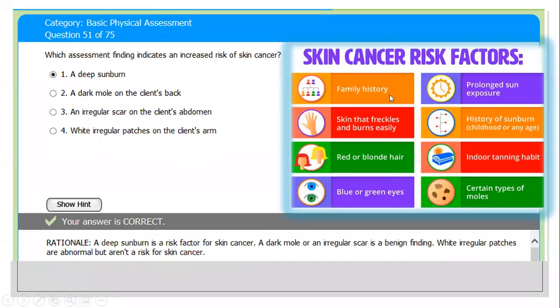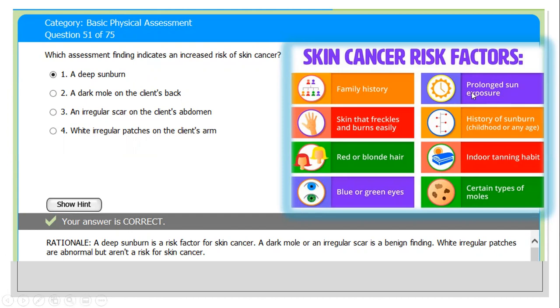In this table, we can see the skin cancer risk factors, like family history, prolonged sun exposure, or the patient giving a history of sunburn. The primary risk factor for melanoma or non-melanoma skin cancer is exposure to ultraviolet rays, what we call exposure to sunlight.